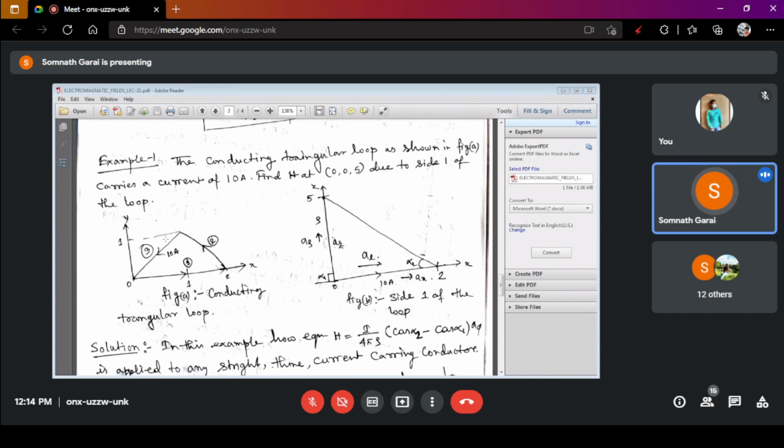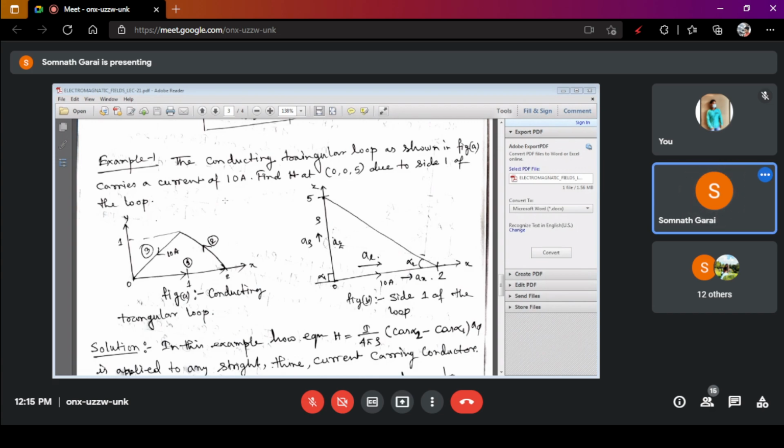Here, there is a triangular loop. Just see this figure, a conducting triangular loop. A current flows through this triangular loop, and the value of the current is equal to 10 ampere.